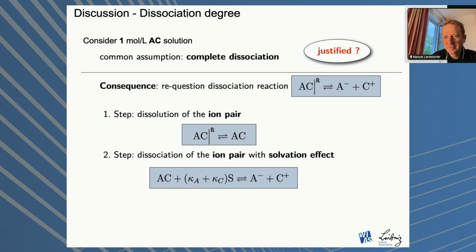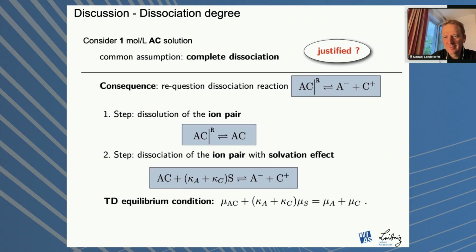However, if not enough solvent is left over anymore, then an ion pair AC simply cannot dissociate into anions and cations anymore. And this can be computed by the thermodynamic equilibrium condition.